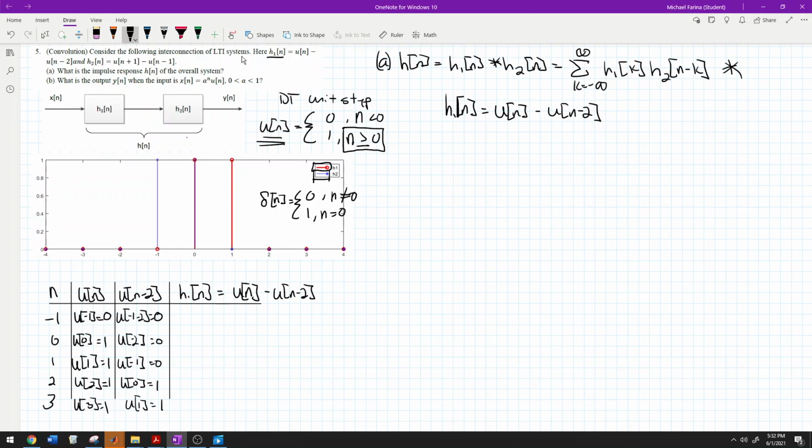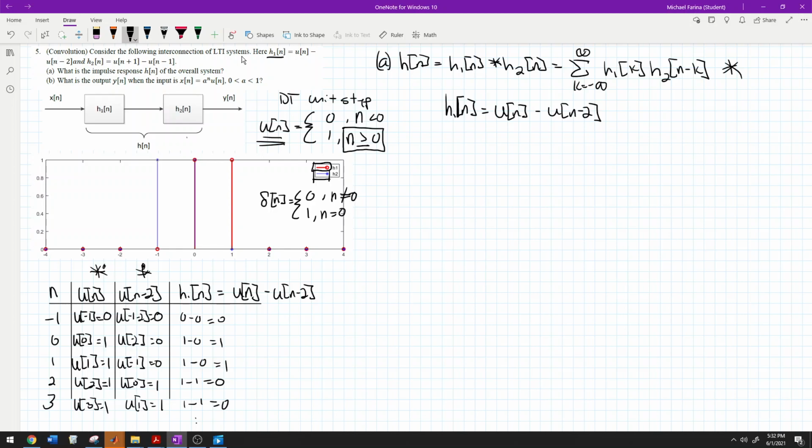Now for h1 of n, we just subtract this column from this column. So right here we get 0 minus 0 equals 0. We have 1 minus 0 equals 1. 1 minus 0 equals 1. 1 minus 1 equals 0. 1 minus 1 equals 0. And then it's just going to continue going on like that.